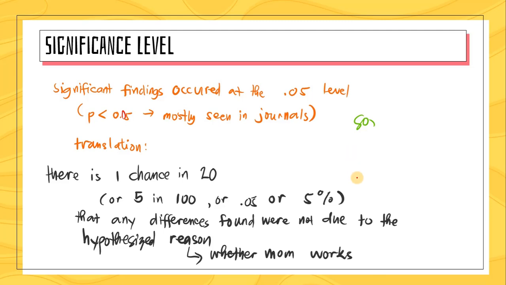Other reasons would be, for example, all those other factors. So there is just 1 chance that there's an error, at the 0.05 level. So you must eliminate all other competing reasons, and then we have to establish this kind of significance level.